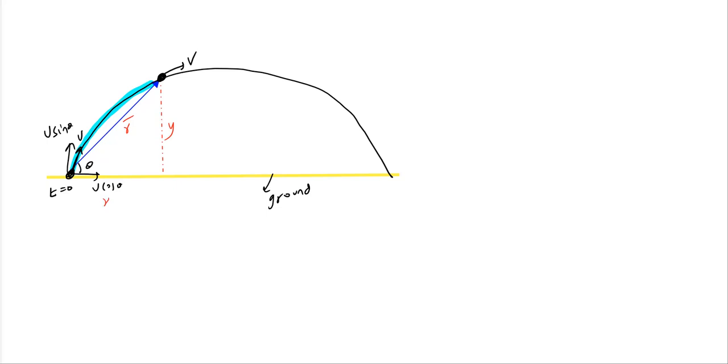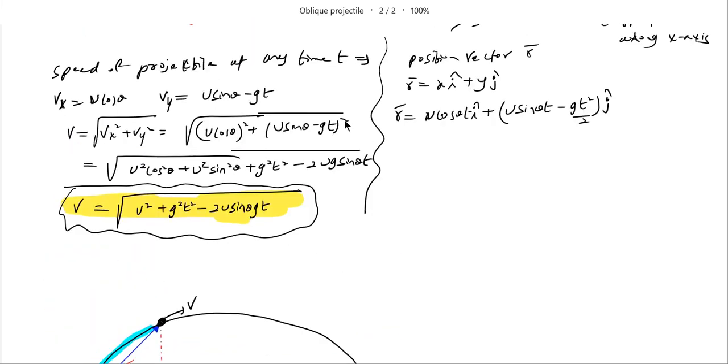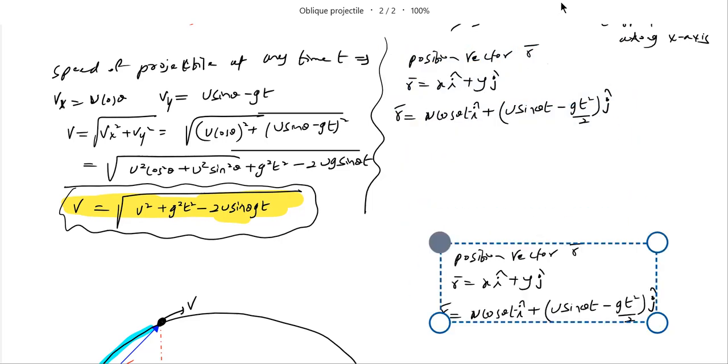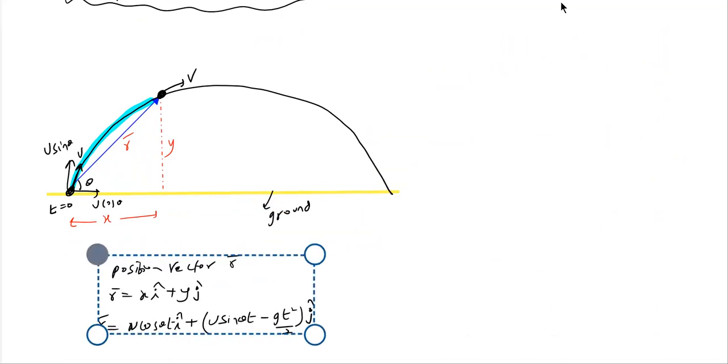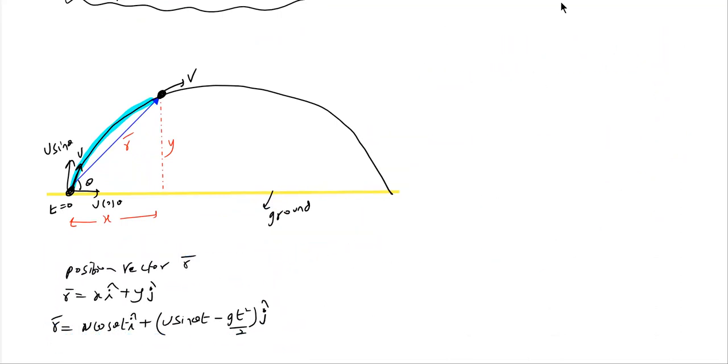Hope everyone is getting some idea that R bar is what we have derived. So what is R bar that we derived? This R bar is this one. Is there any difference from the path length? This one is a path length, and this one is a position vector.